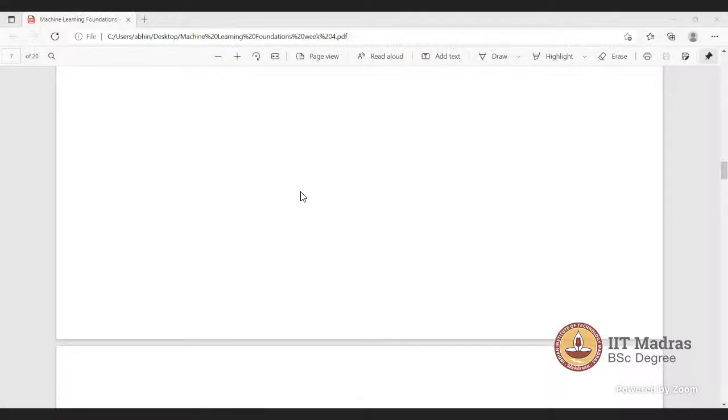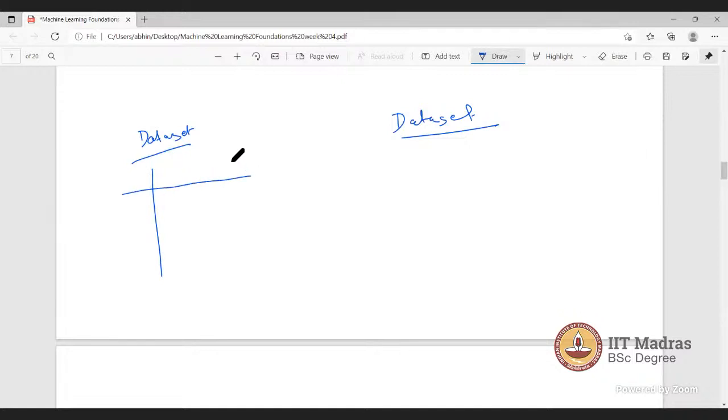See, suppose my data set is like this. I have only one feature, speed, and I want to calculate distance from it.